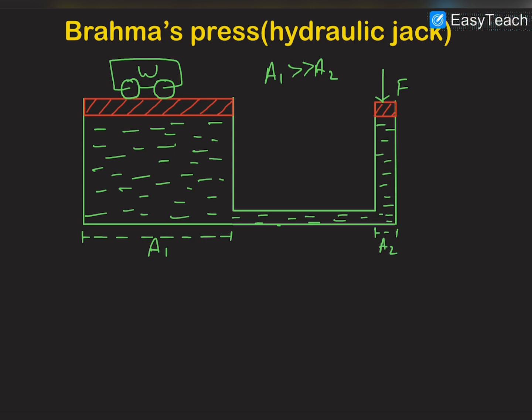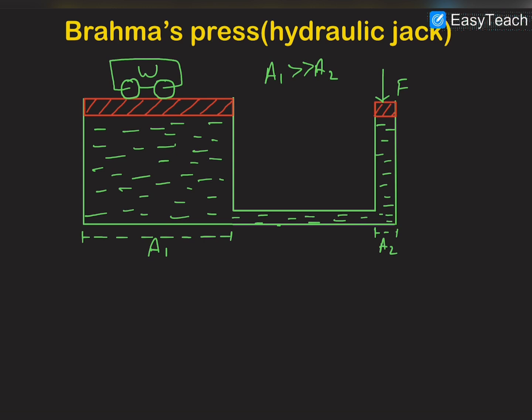And if we talk about the hydraulic jack, which was first called Brahma's press: you must have seen that when your car tire gets punctured, then at the puncture shop, the puncture man brings a jack of some red color and puts it below the car, and then pumps that jack and the car gets lifted up.